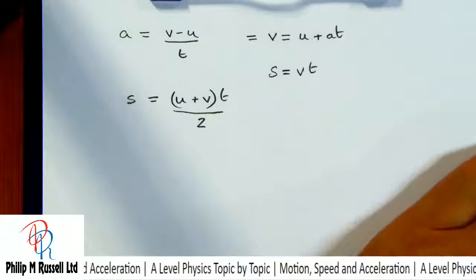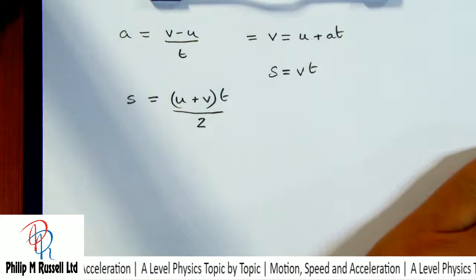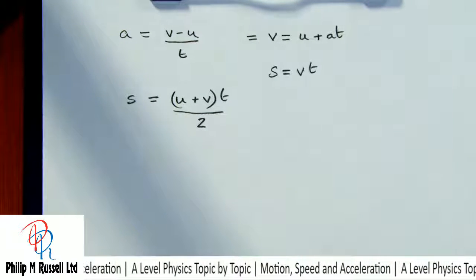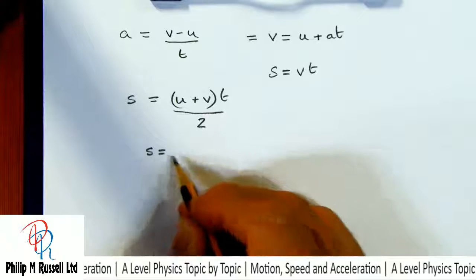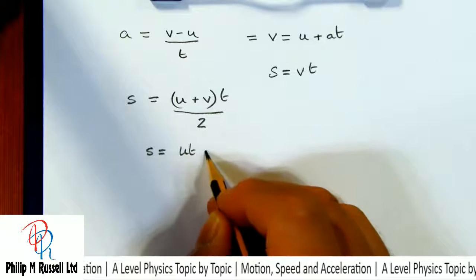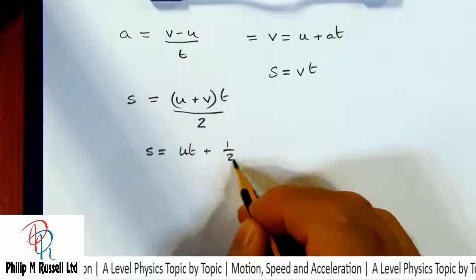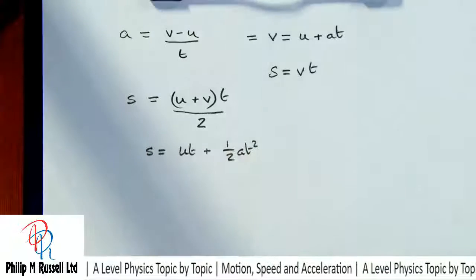If we combine those equations and do a bit of elimination, and I'm not going to do it, we can get s equals ut plus a half at squared.